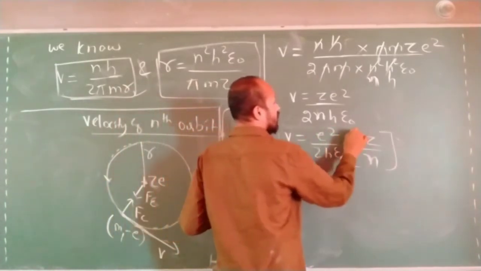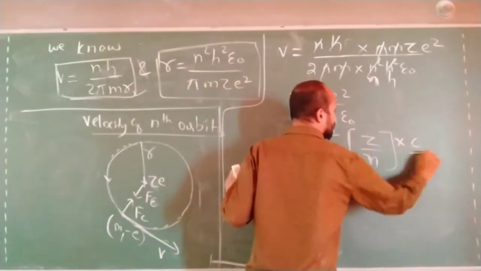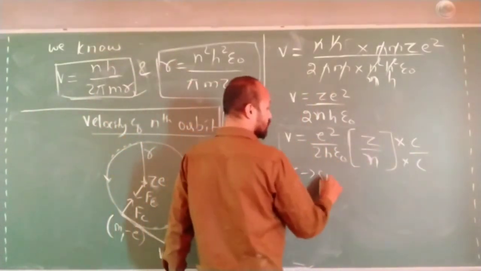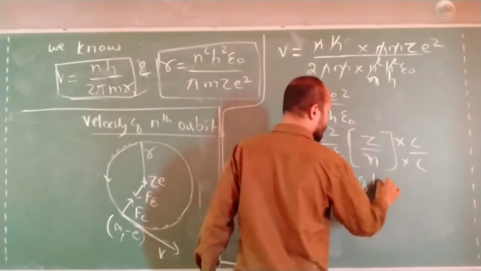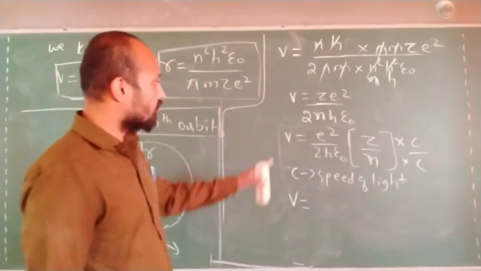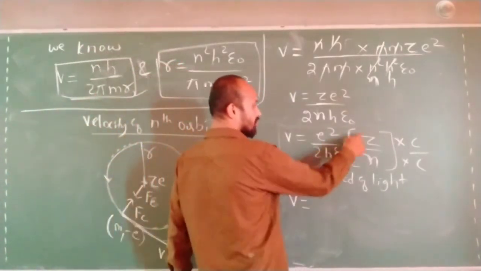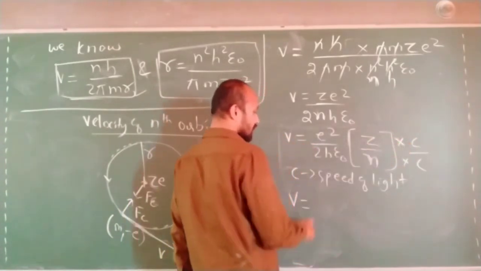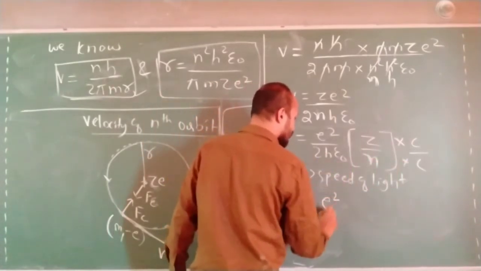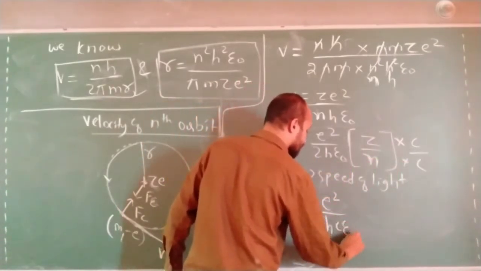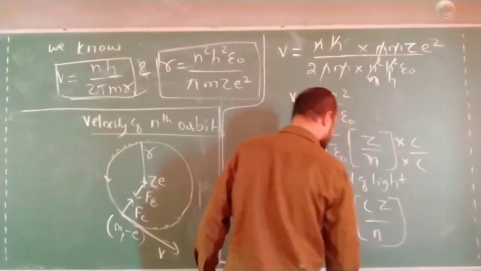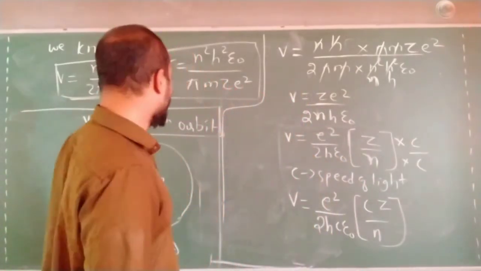I will multiply both sides by c, where c is the speed of light. v is equal to e square by 2h epsilon naught, which will be equal to z by n into c. I will take one c in the denominator: e square divided by 2h c epsilon naught, into c, into z by n. This whole constant I call, what is that?